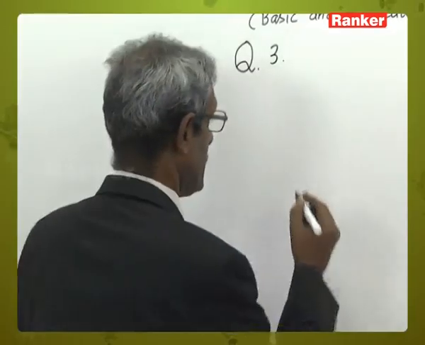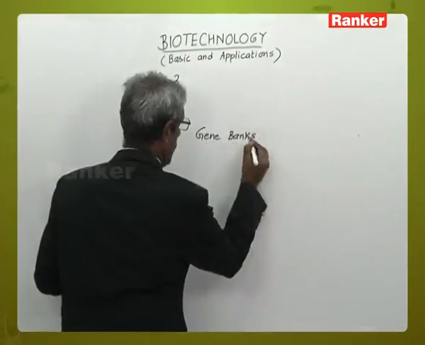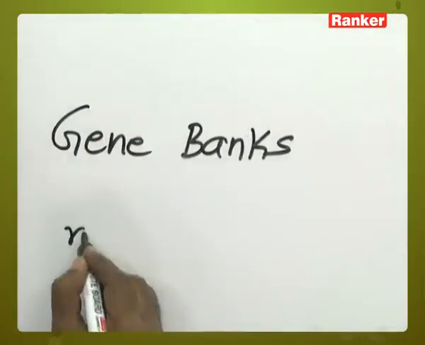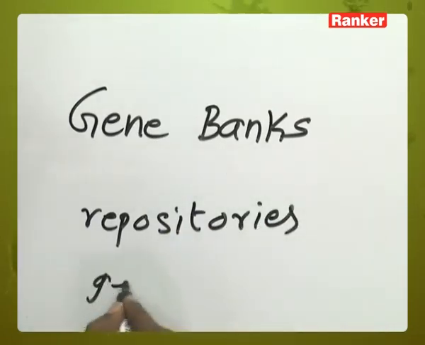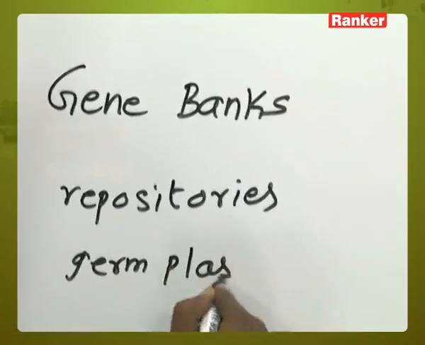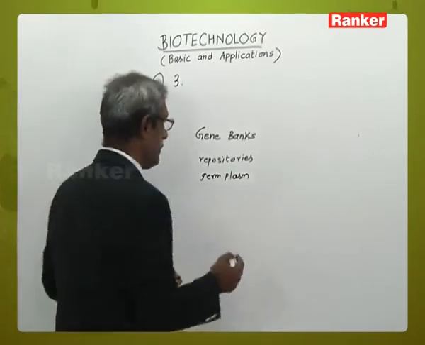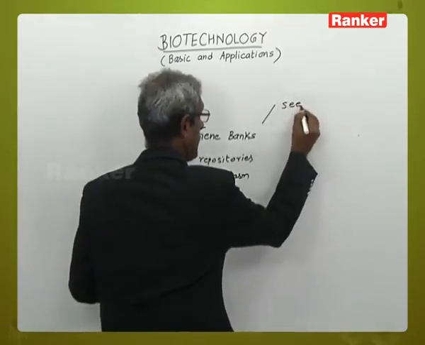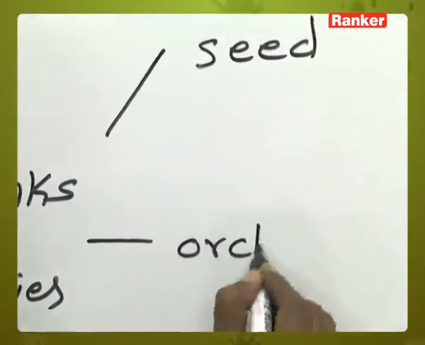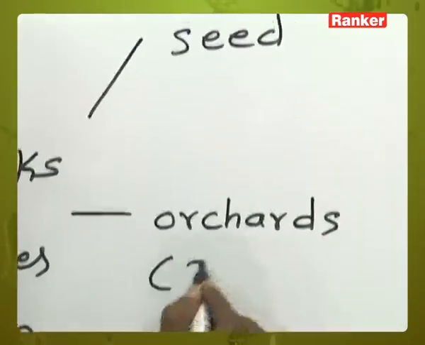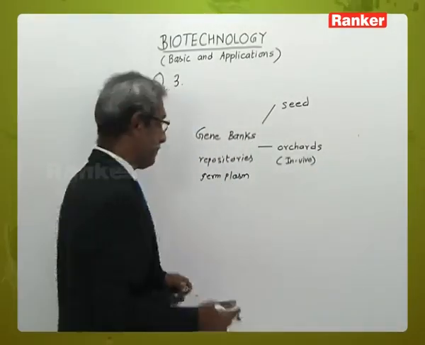Now, gene banks are repositories of germplasm. They are repositories of germplasm which can be preserved in the form of seeds, forming a seed bank, or it could also be preserved live, that is in vivo, in a botanical garden or a national park.